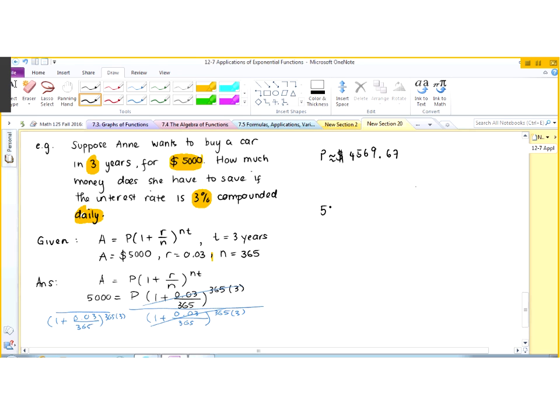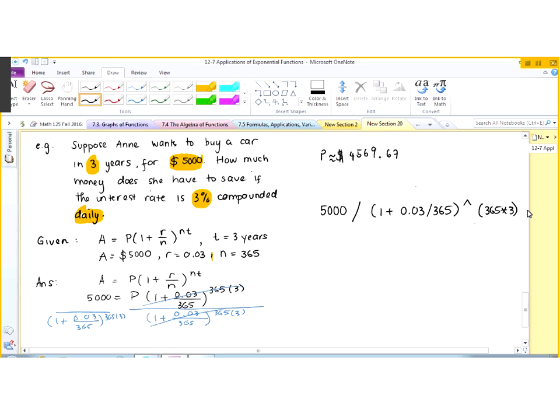Okay, so this is what you need to do. This is 5,000 divided by 1 plus 0.03 divided by 365, close. And then this is my calculator. I have this symbol, 365 times 3.